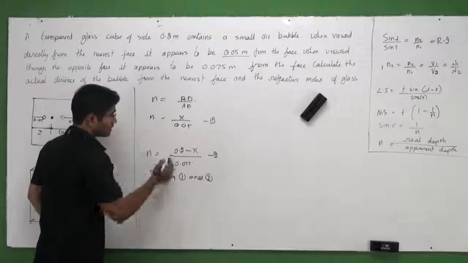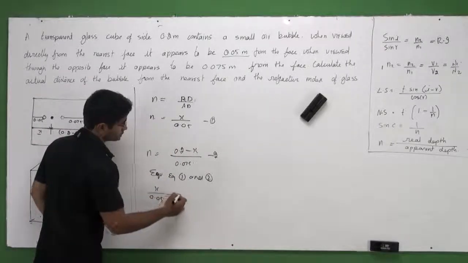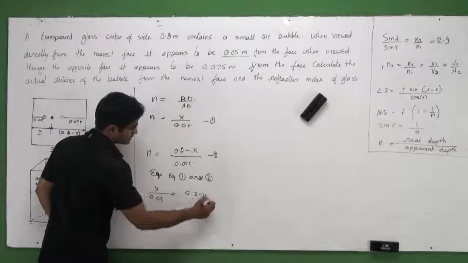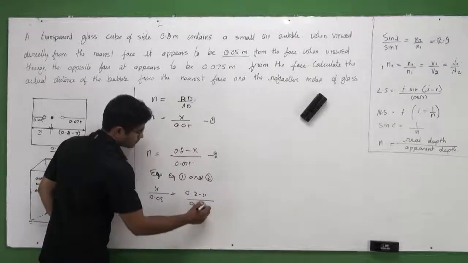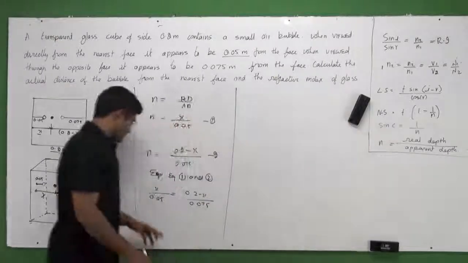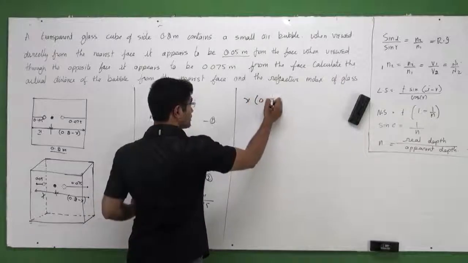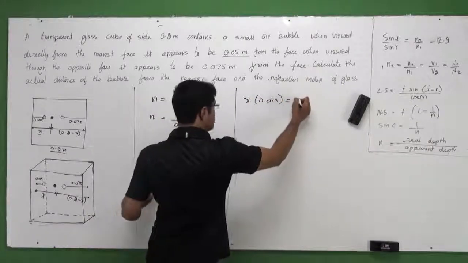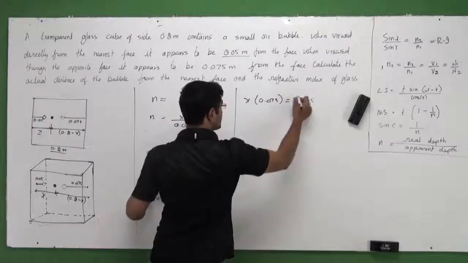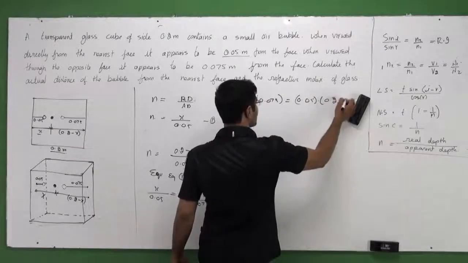So x by 0.05 should be equal to 0.2 minus x divided by 0.075. If I cross multiply, I'll get x into 0.075 is equal to 0.05 into 0.2 minus x.